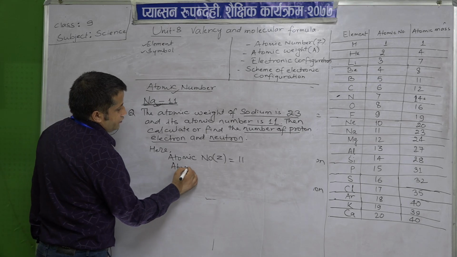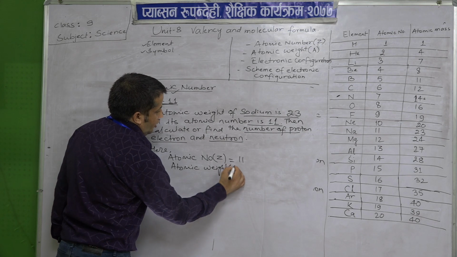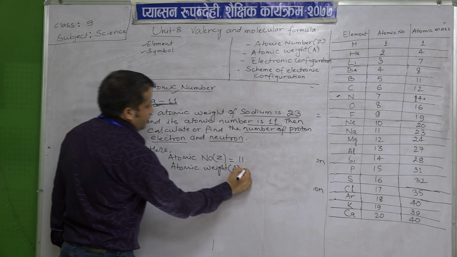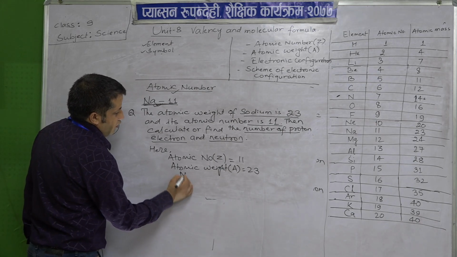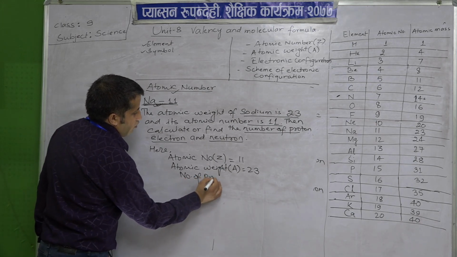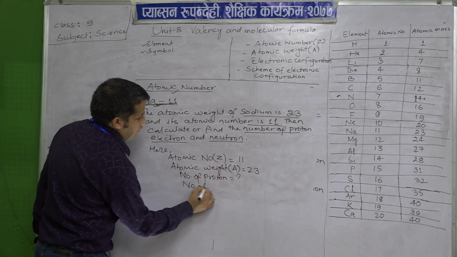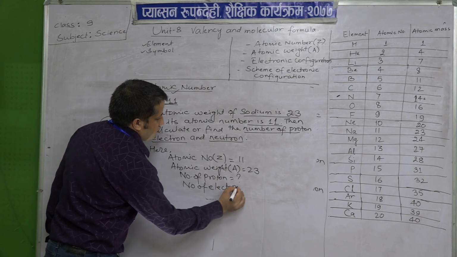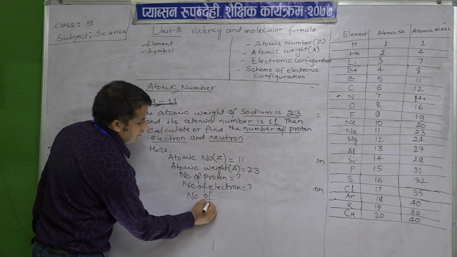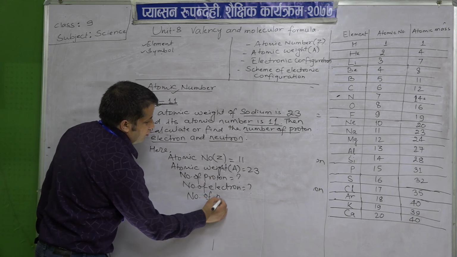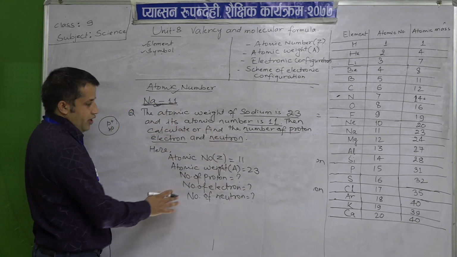Atomic weight is given to us, that is A, it is 23. Now, what we have to find? We have to find number of proton, number of electron, number of neutron equal to what. Okay, this we have to find.